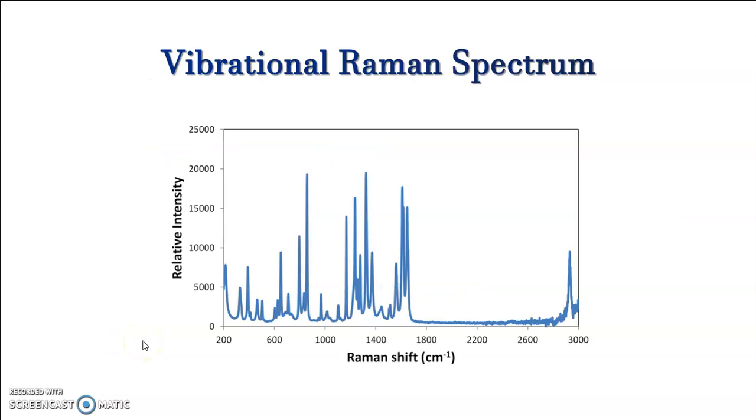Next, we are considering a vibrational Raman spectrum. It is very simple to interpret; it shows a series of intense lines on the lower frequency or wave number side of the exciting radiation, with a much weaker mirror image series on the high frequency side, which corresponds to anti-Stokes lines.